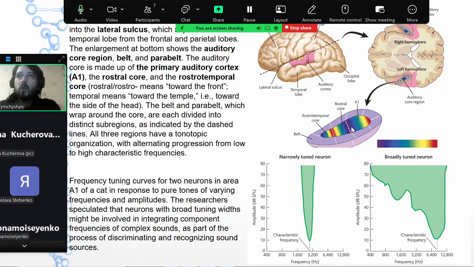So here you see one part, that's A1. It starts with high frequencies and ends with low frequencies. Then you have a rostral core, which starts with low frequencies and ends with high frequencies. And here you have the rostrotemporal core that starts with high and ends with low.